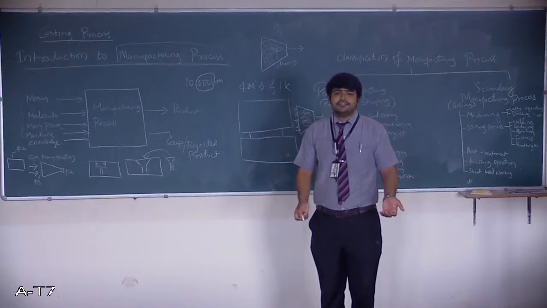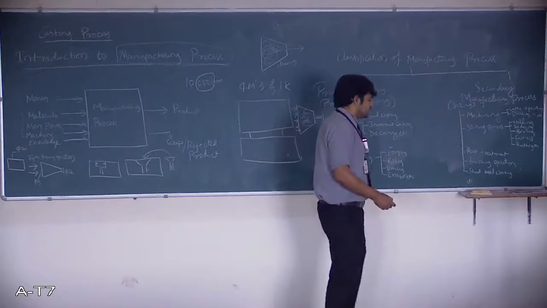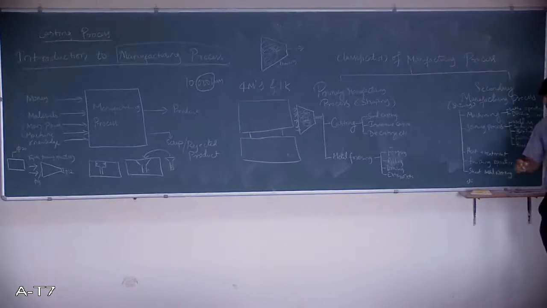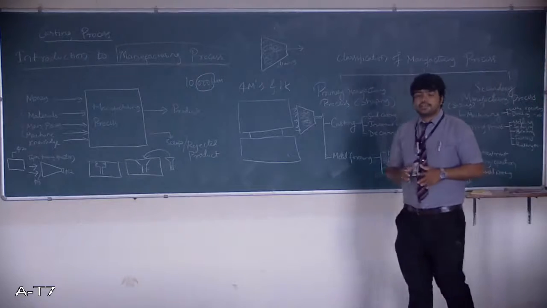Okay, and different types of machines we make use of as a part of machining operation. Then we have something called the joining process. You cannot manufacture a component in one go if the dimensions of the component are very big.